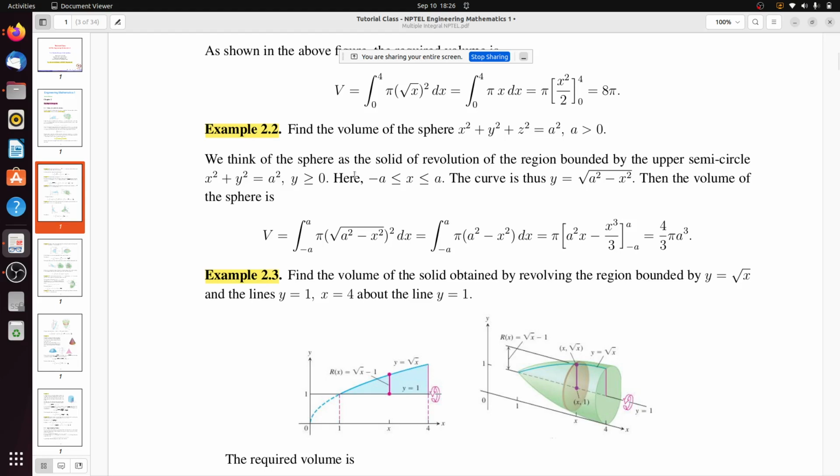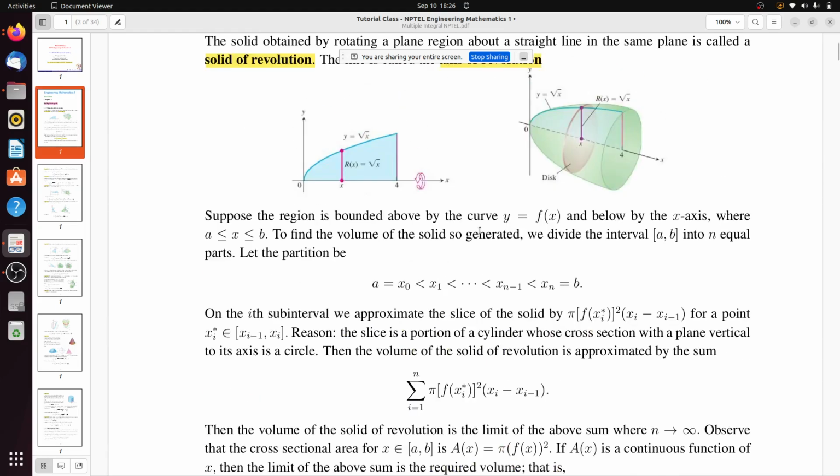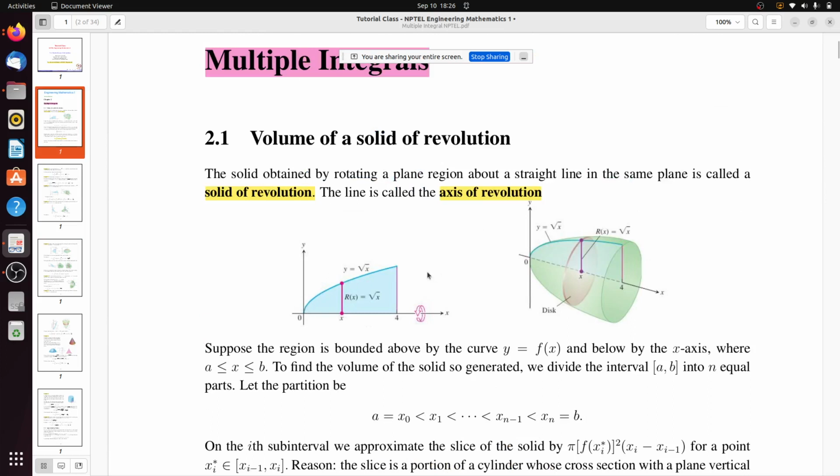So how is the sphere generated? See, instead of this parabola, if you take a semicircle, this type of semicircle, and if you rotate it, you will eventually get the sphere.